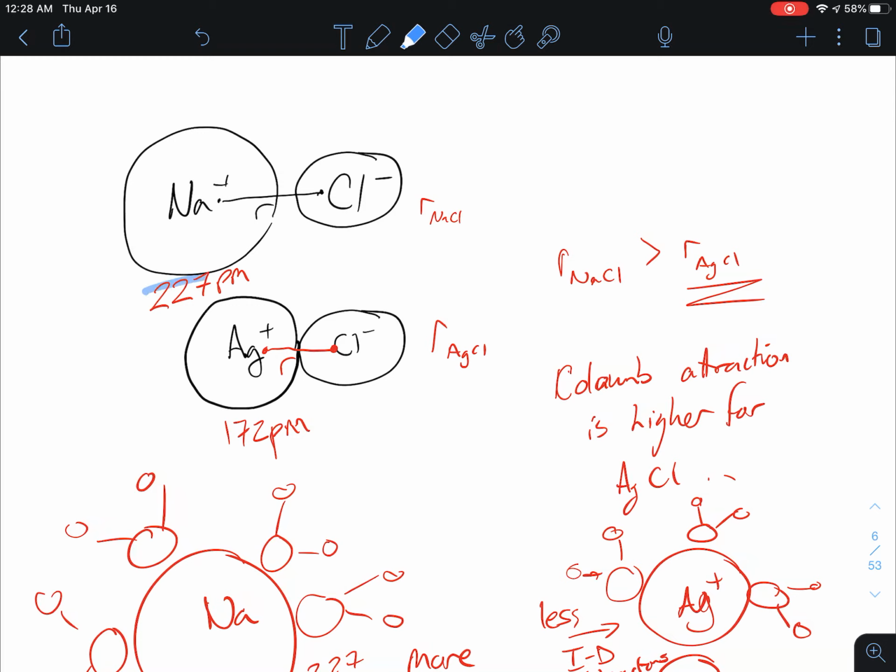So the sodium ion has a 227 picometer radius, and silver ions have a 172 picometer radius. So when we compare the radii of sodium to silver chloride, we can say that the radial difference between the two is smaller.